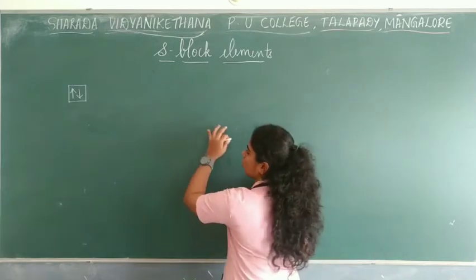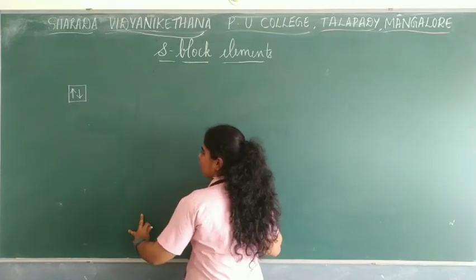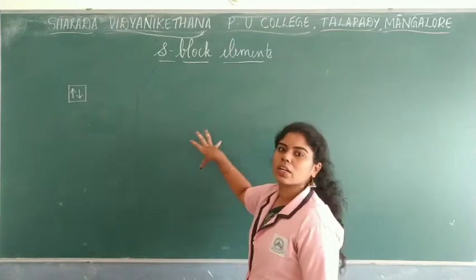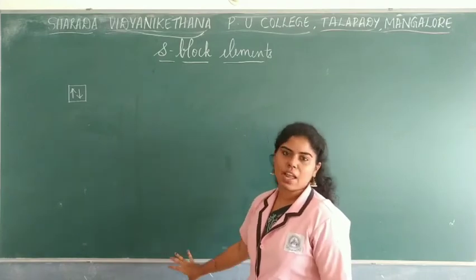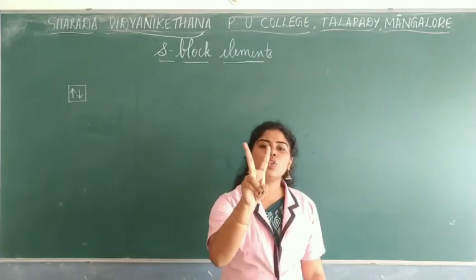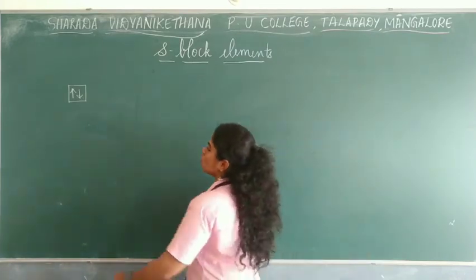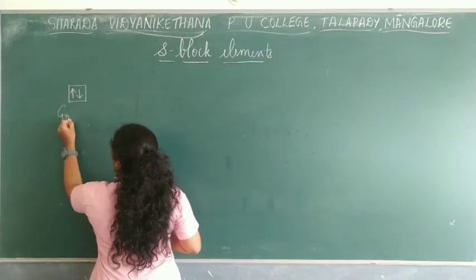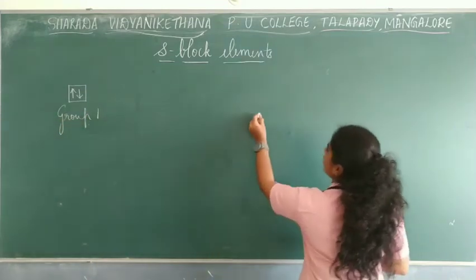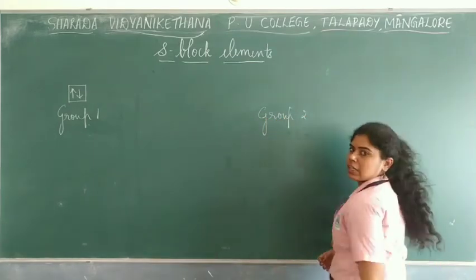If you imagine the periodic table, the left 2 groups are S block, to the right side you have P block, between you have D and then F. So only 2 groups are formed based on S orbitals: group 1 and group 2.